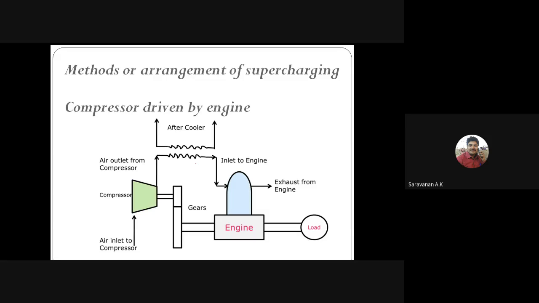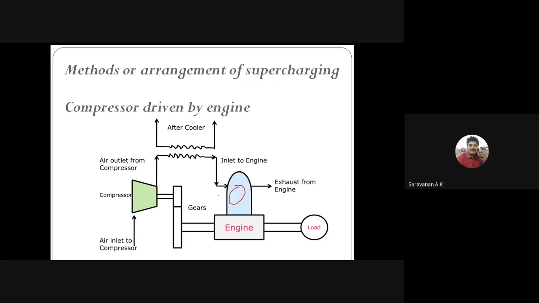So our ultimate aim is to increase the mass flow rate, and we have to increase the pressure, right? But here we have some disadvantage, right? What is that? If the temperature of the air going to the engine increases, it will reduce the efficiency, right?